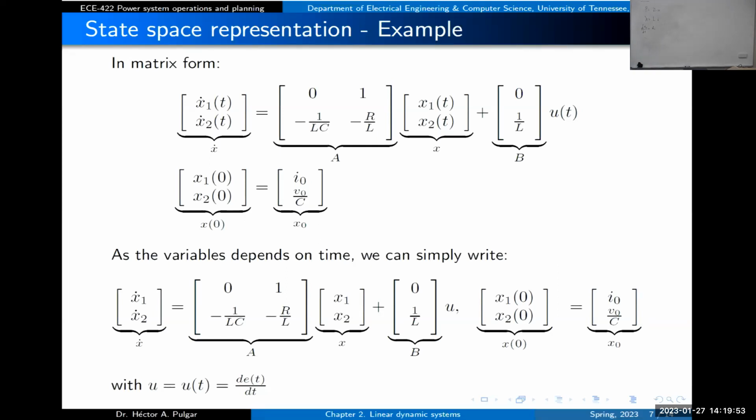Because all these state variables depend on time, it's too much to write this t all the time, so we will just drop it, and we will understand that whenever you see a state variable, it changes over time.